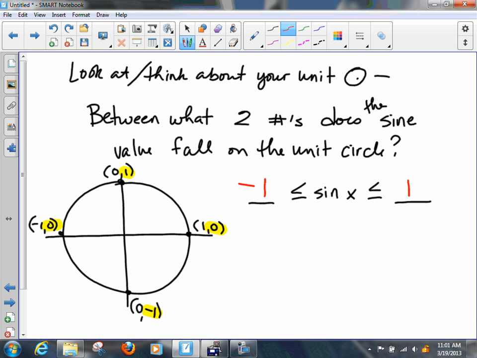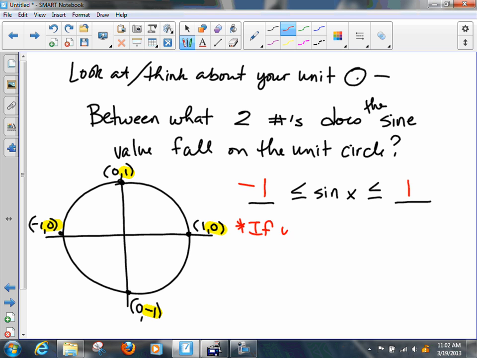Okay? This is important to us because this is going to help you in the long run. Notice that we're using the law of sines, right? So if we're using the law of sines, that means that everything having to do with sine is important to me in solving these problems.